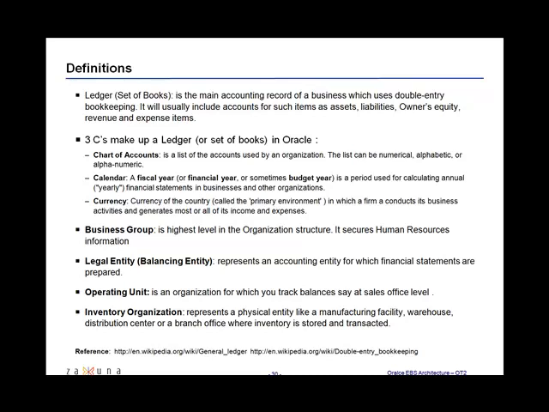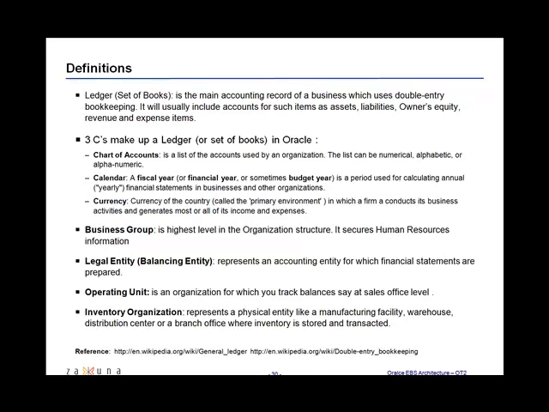For example, when you request a list of employees, you see all the employees assigned to the business group of which the organization is part. Legal entity, or balancing entity, represents an accounting entity for which you prepare financial statements. This is a segment in the accounting structure at which all the accounting entries must balance.